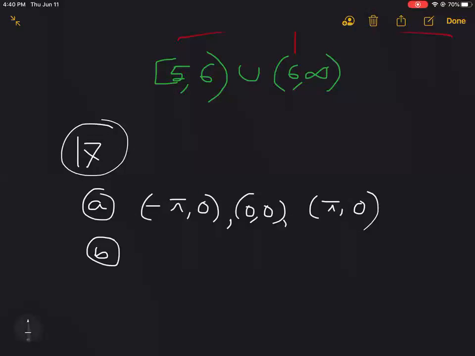Now, B, domain and range. That should be pretty straightforward as well. Who can tell me the domain first? Okay, I know the answer is there, but who can explain why that's the answer? You can unmute yourself if you want.